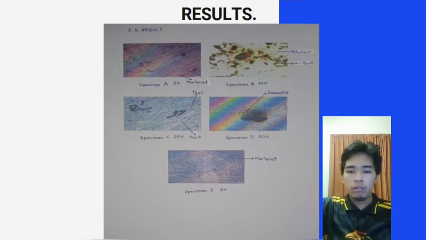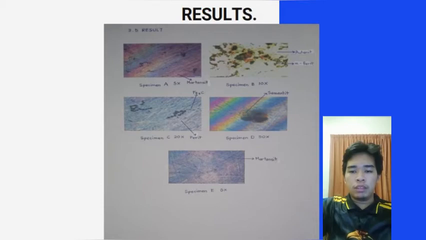I will continue the presentation by explaining the results, observation, and discussion for the question number 2. For the result, there are 5 specimens that have been observed. For specimens A and E, the martensite phase is present.